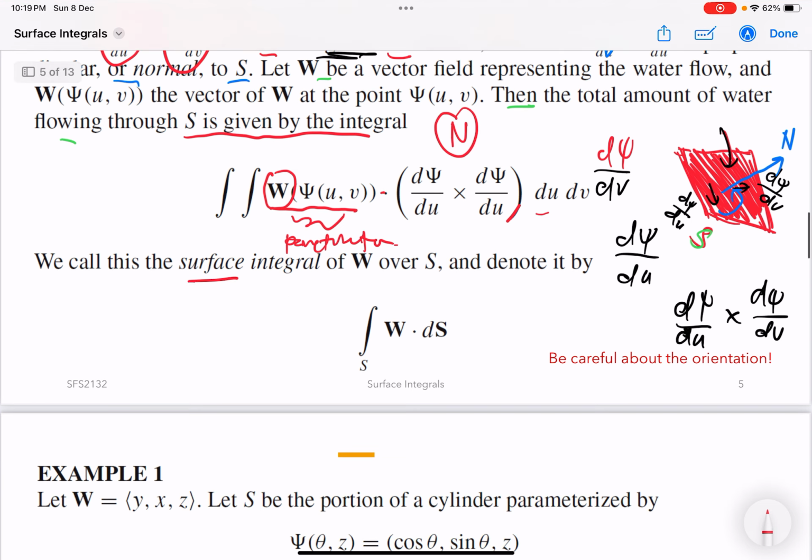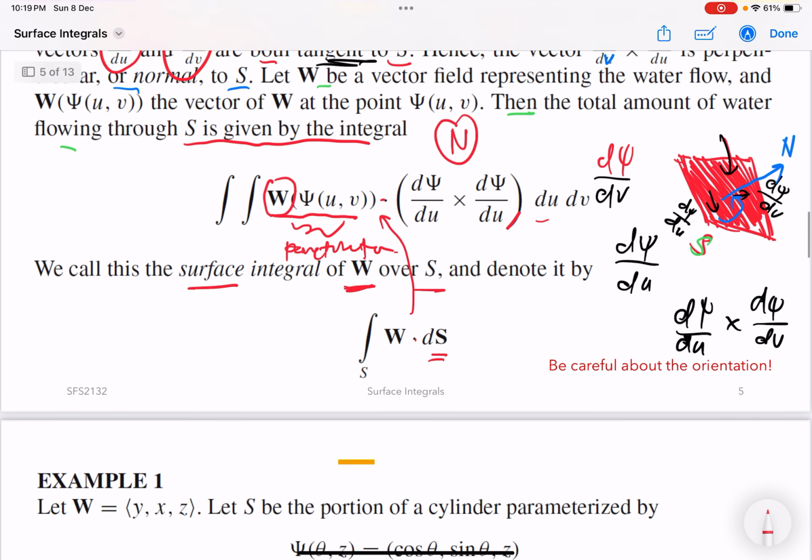We call it the surface integral of W over S, denoted by W dot dS. W is a vector on the surface, parameterized by psi, and dS is the total surface of covered area, the net surface.